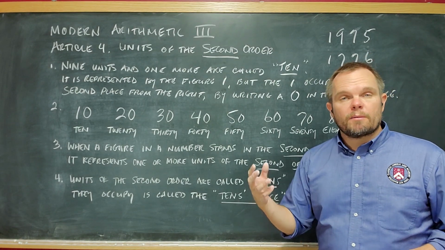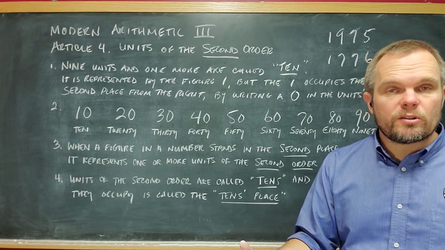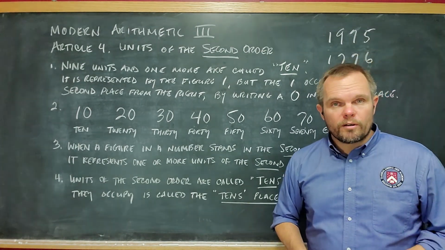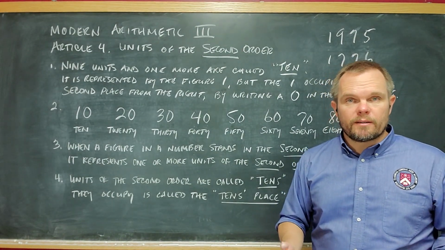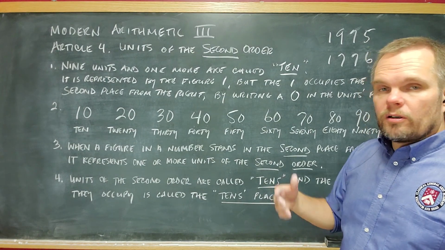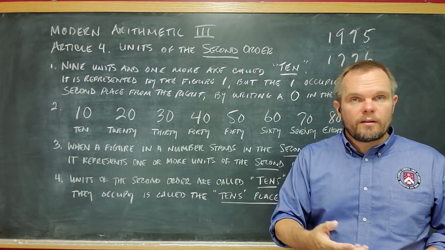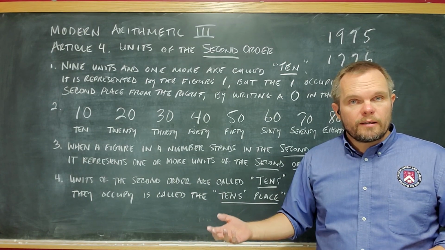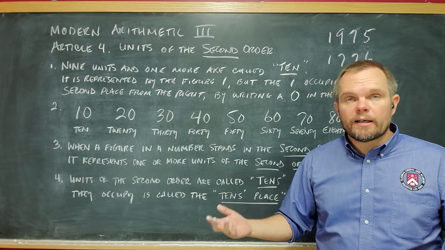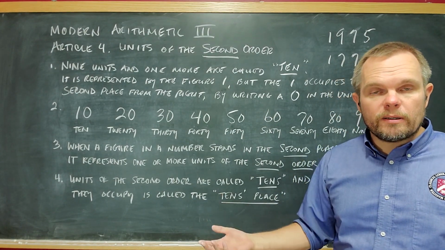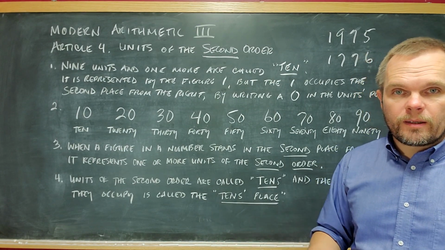We learned that the figure 0 is used to mark that an order or a place in a number is empty. So we learned in Article 3 how to write the numbers 1 through 9 in Arabic notation, or how to write 1 through 9 units in any number.